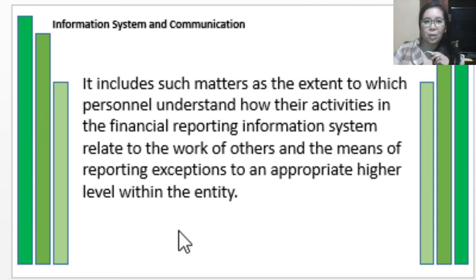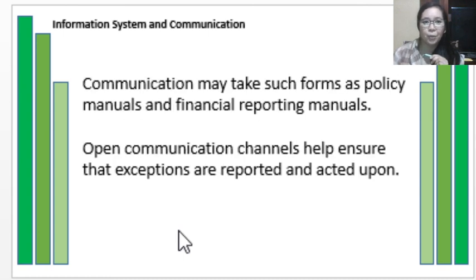This includes such matters as the extent to which personnel understand how their activities in the financial reporting IS relate to the work of others, and the means of reporting exceptions to an appropriate higher level within the entity. So this is a very important consideration that each of them is aware of and understands their roles. Communication may take such forms as policy manuals and financial reporting manuals.